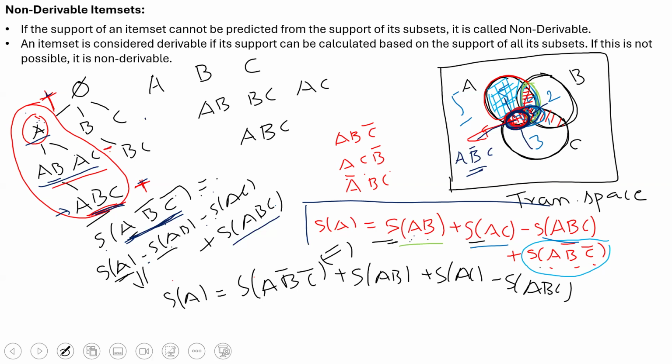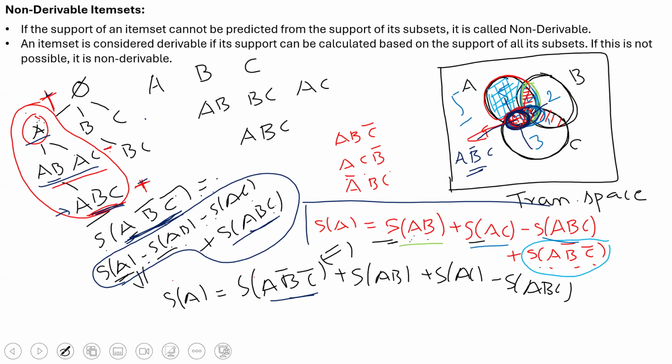So now we represented a specific part in the transactional space which has negations, in terms of Venn diagrams, but we converted that into all positive terms, right? Support of A, support of AB, support of AC, support of ABC. How do you calculate support of ABC?